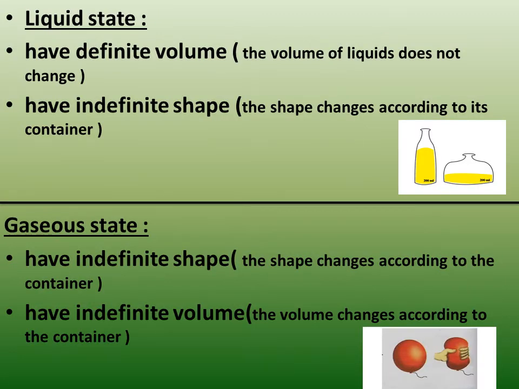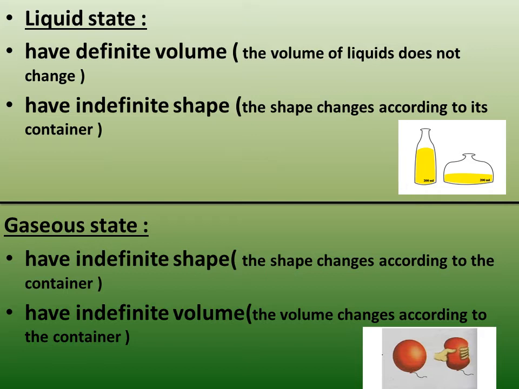Liquid state. To identify the shape and the volume of liquids, we bring two containers different in shape and volume, and we put 200 cubic centimeters of water in the two containers.